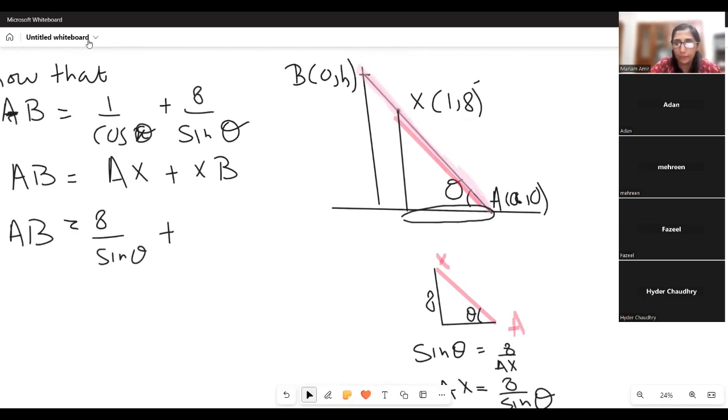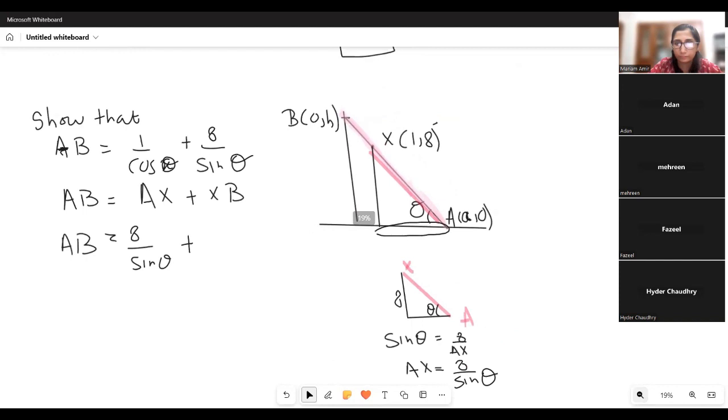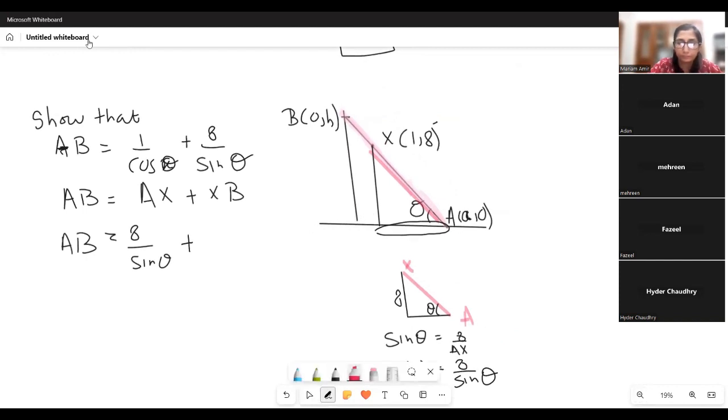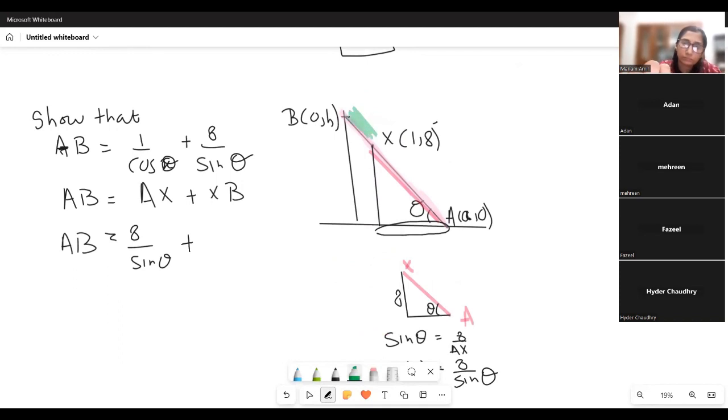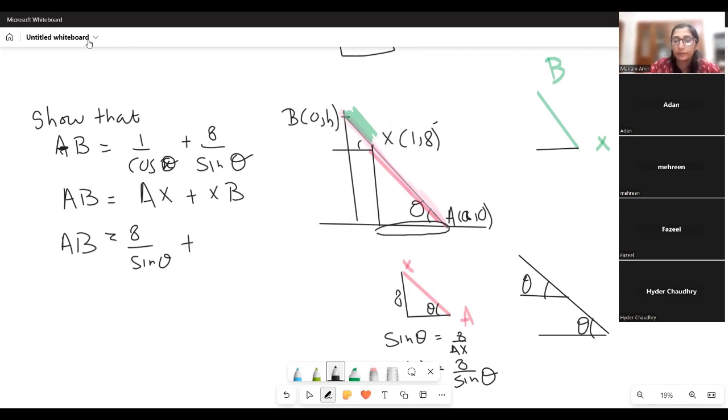Then we have to find XB. Okay. XB would be, let me draw XB here. So this is X, this is B. From corresponding angles, this is going to be theta as well. Remember, if we get an F-type shape, if this is theta, then this is theta as well.